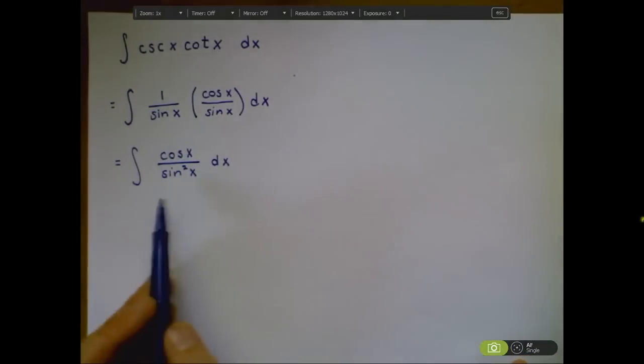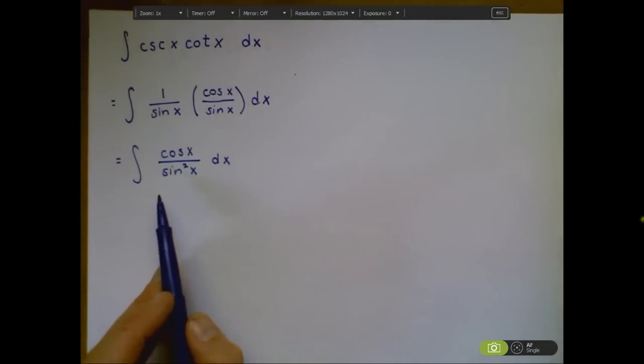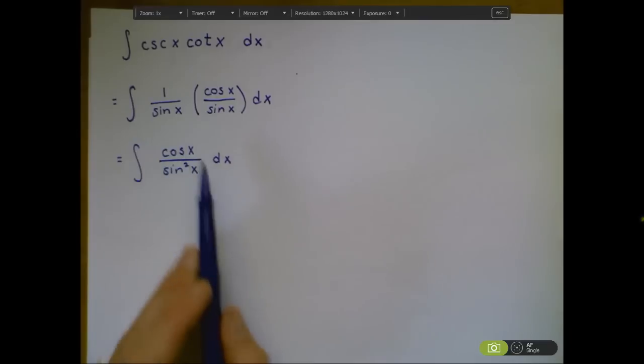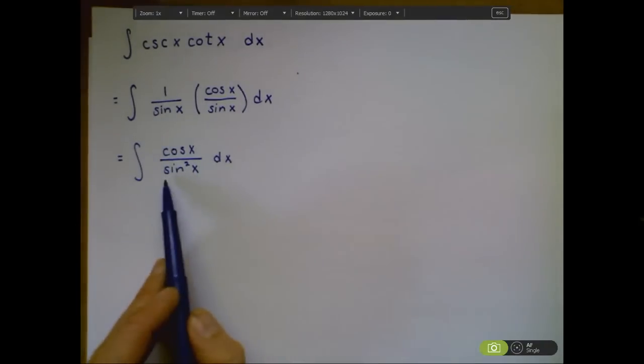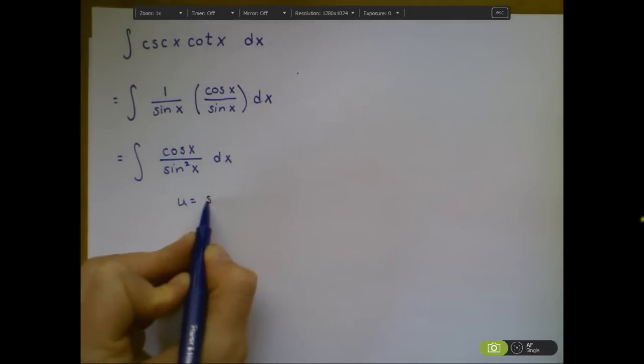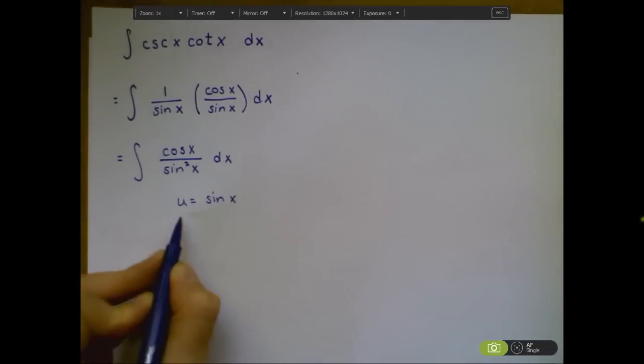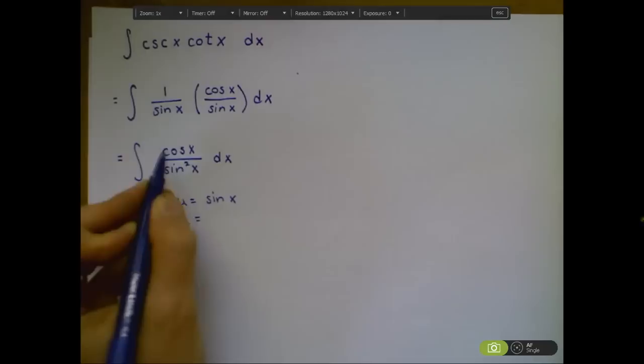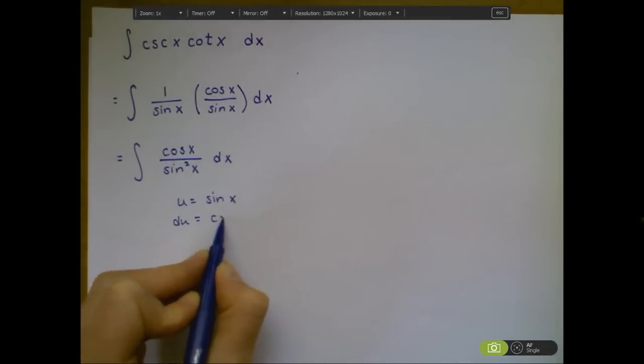And looking at this, now I think we can go back to our chapter on trig substitutions, but this is a pretty straightforward u substitution. If I were to let u equal sine of x, then du is hiding right there. It's the cosine x dx.